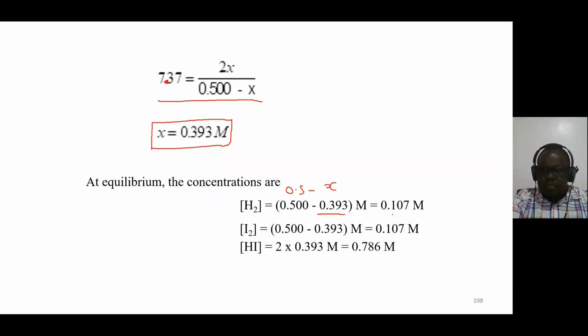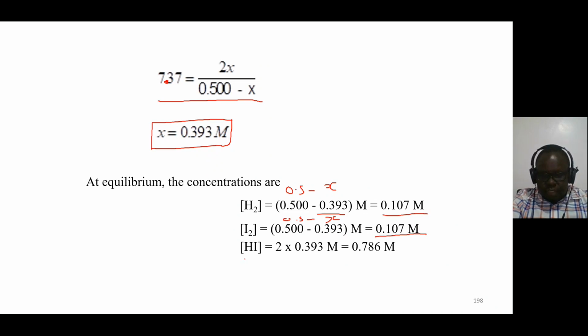So the difference there gives you 0.107 molar as the equilibrium concentration of hydrogen. For iodine, it was also 0.5 minus X. So since you have the value of X, you also get the equilibrium concentration of iodine as 0.107 molar.